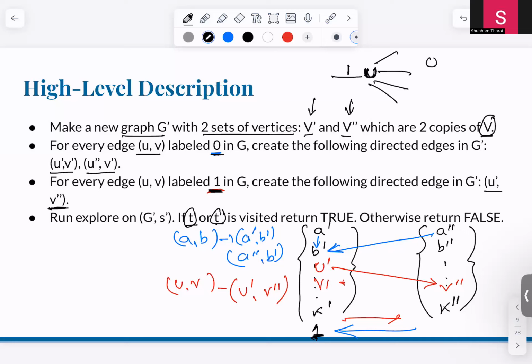So if you are at this set, that means the last edge that you saw is one labeled edge. And that means now you can only go from the set 2 to set 1. Does that make sense? And this blue edge actually represents that.